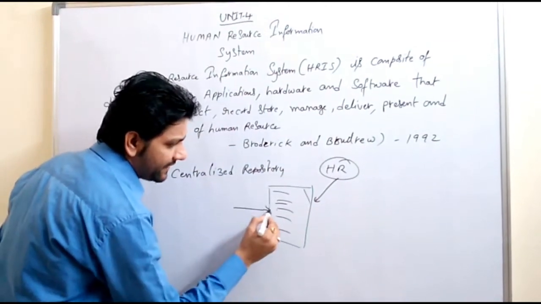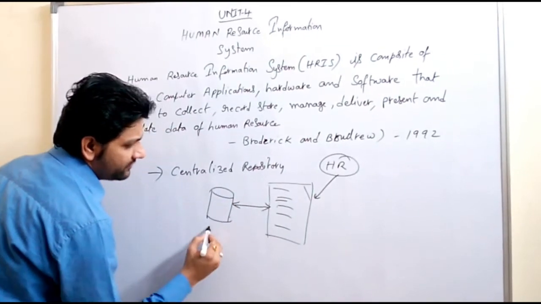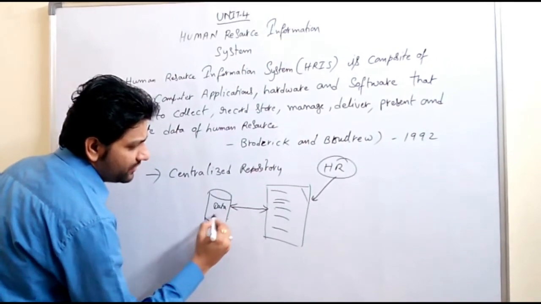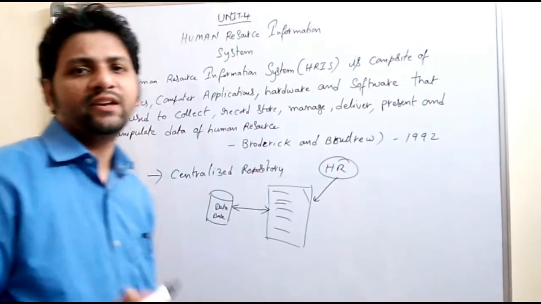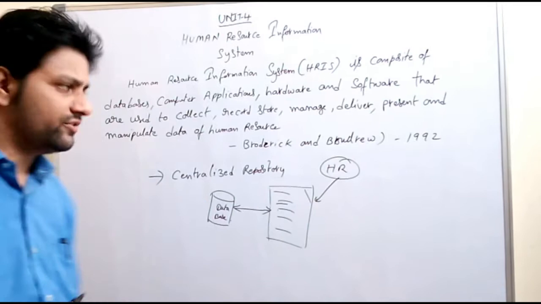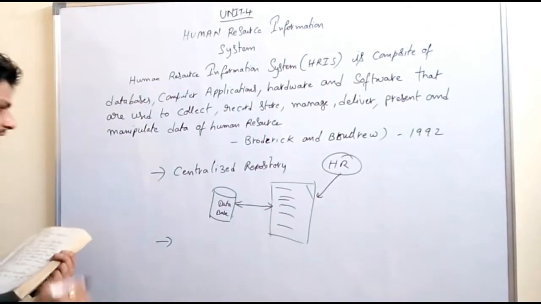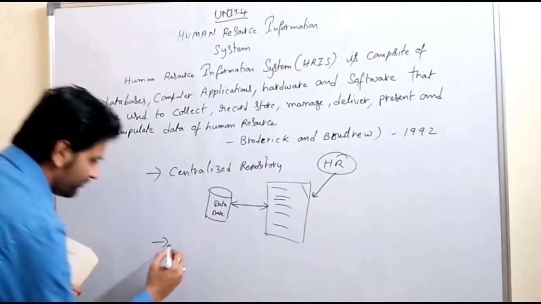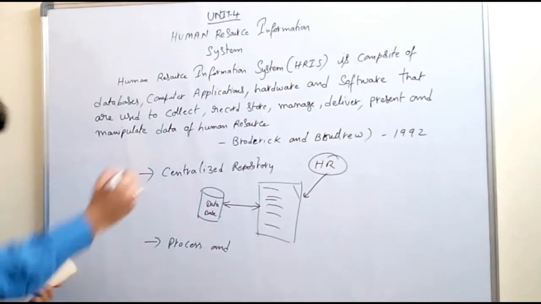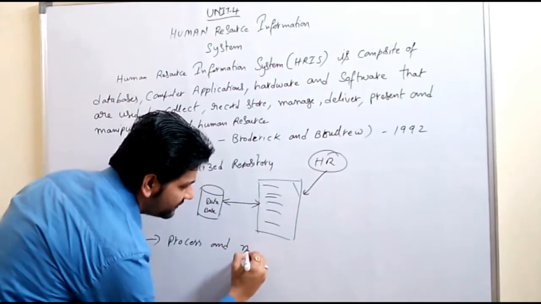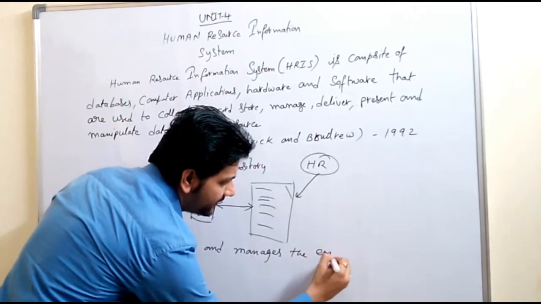There will be a backend database, which is used to store the details, retrieve the details and manipulate the details. Another point is that it processes and manages the employee details.